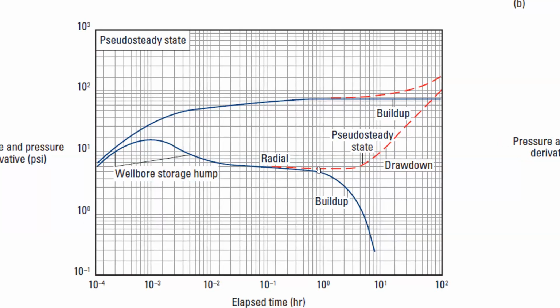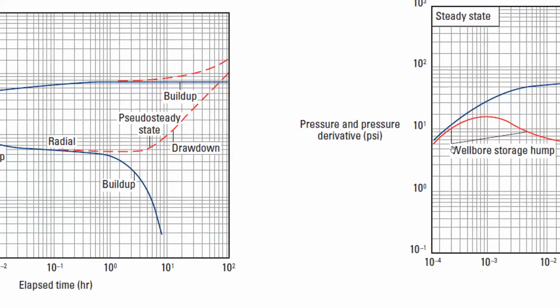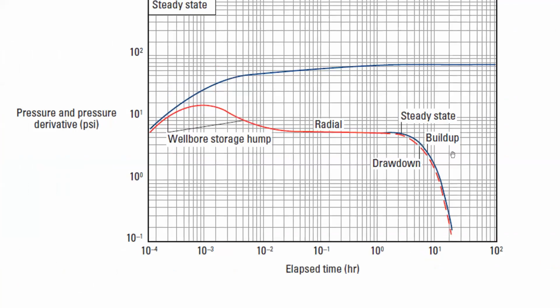This is for top, this is for down for the build-up test. Drawdown and build-up tests both have to be seen on the same scale. If the drawdown graph is moving to the top, that indicates pseudo steady state flow. On the opposite side, if build-up is going down, that indicates pseudo steady state flow. So both will indicate pseudo steady state flow. But when it comes to steady state flow, not only build-up, even drawdown will follow the same path.